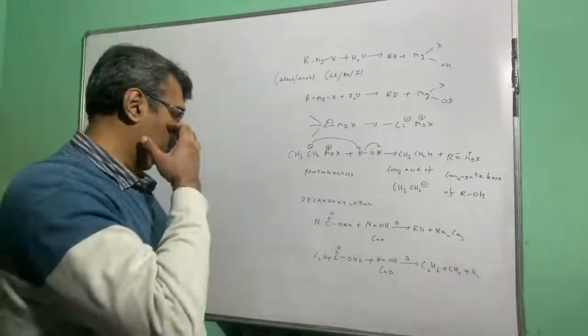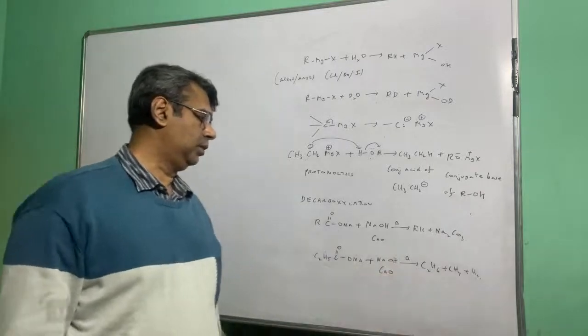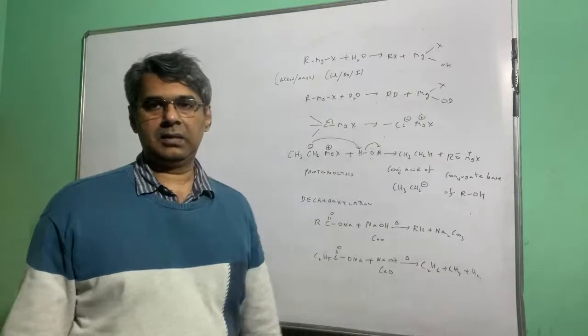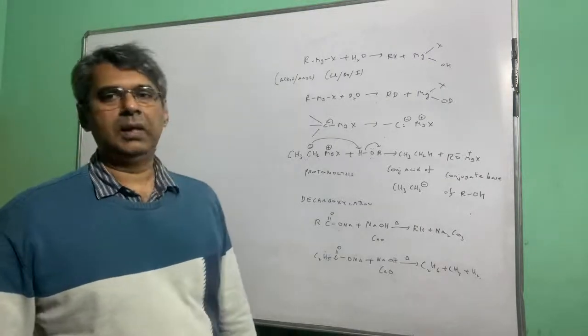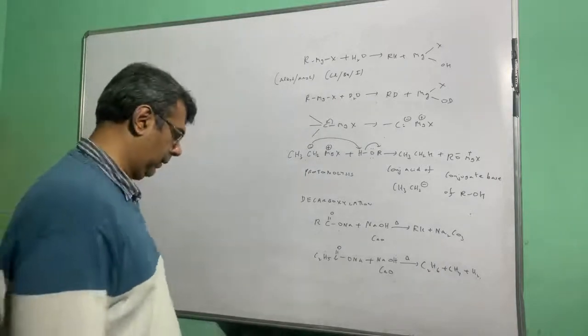So this is the problem. C2H5COONa plus soda lime on heating gives C2H6 plus CH4 plus H2. So you are getting two alkanes in the answer, which you don't want. You don't want two alkanes, but you are getting it. So decarboxylation is not considered a good reaction for this reason.